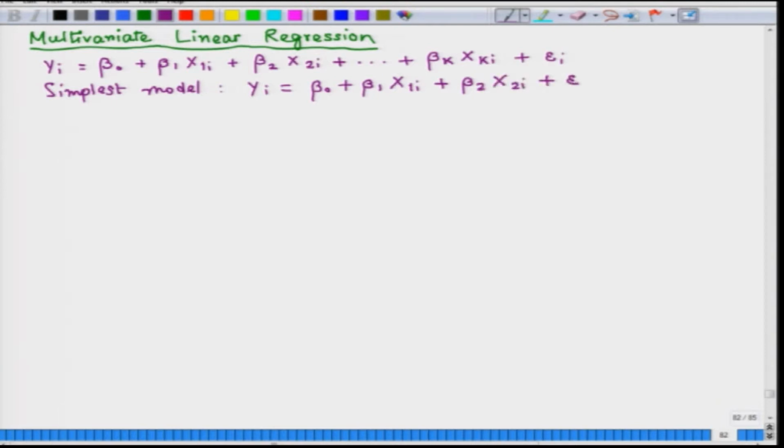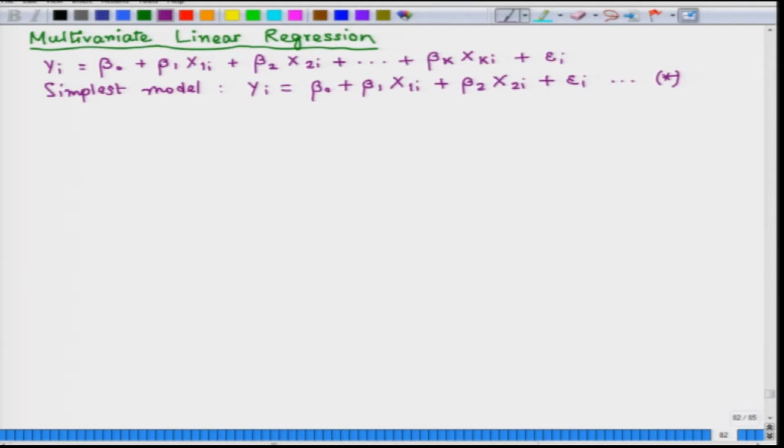So, for this lecture we are going to work with this 2 explanatory variable multiple regression model, but needless to say that all the results that we are going to derive and see can be easily generalized to k variable case.